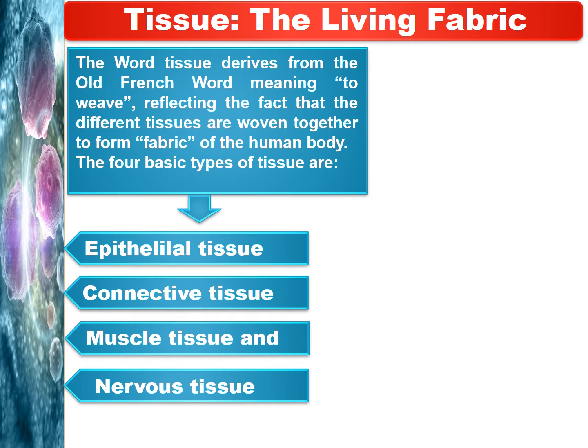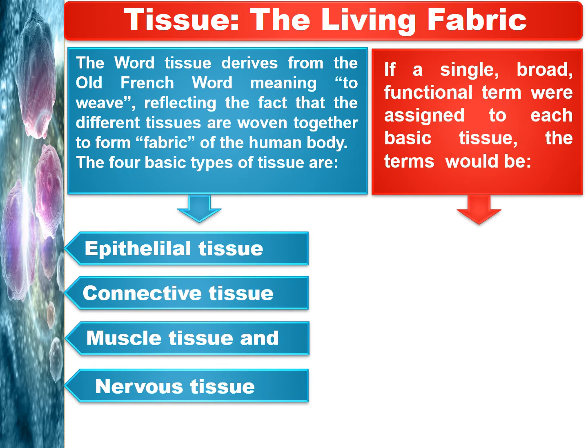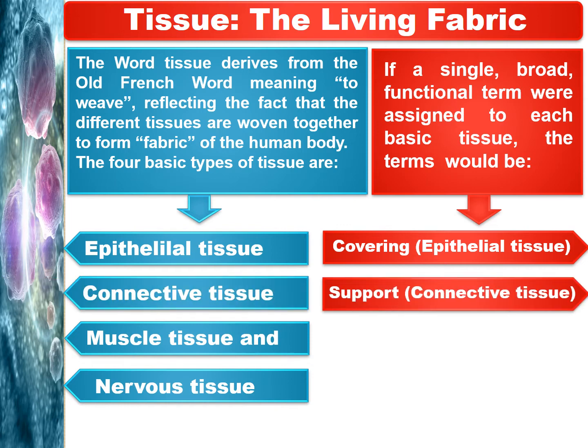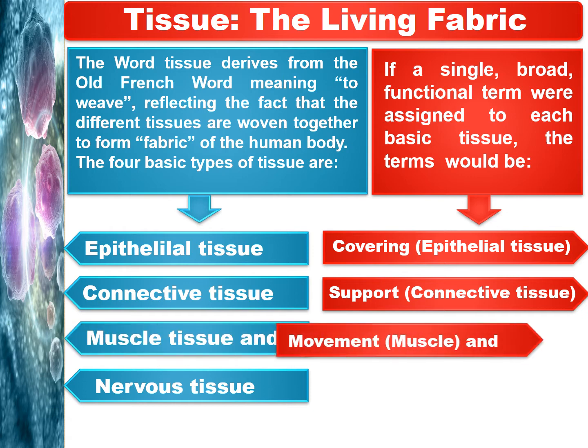If you talk about their functions, they are categorized as follows: if a single broad functional term were assigned to each basic tissue, the tissues which give covering are called the epithelial tissues. The tissues which serve supportive functions are called the connective tissues.